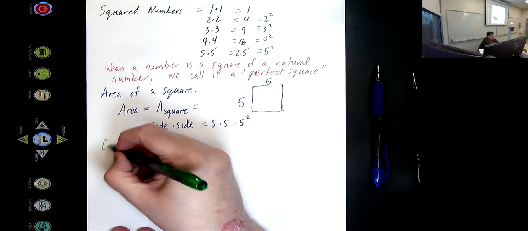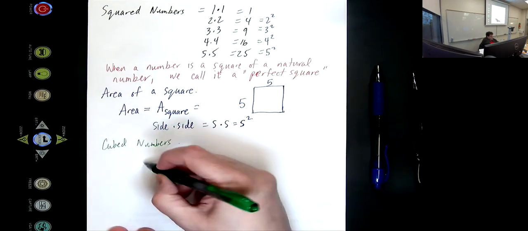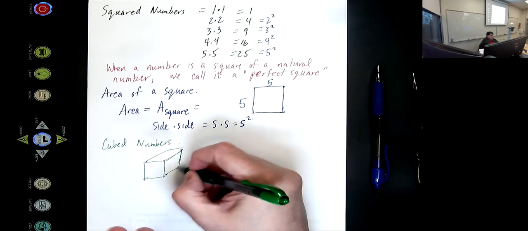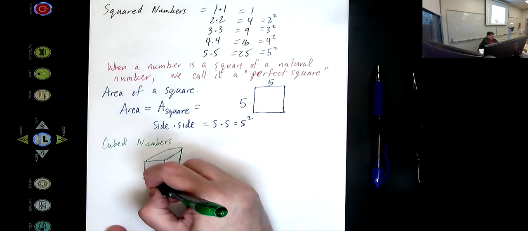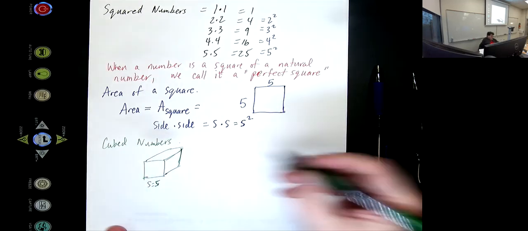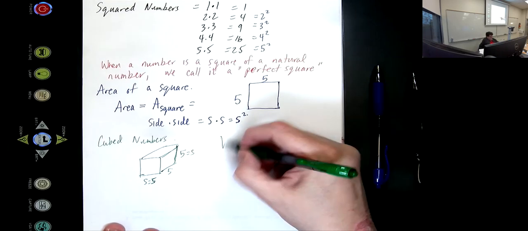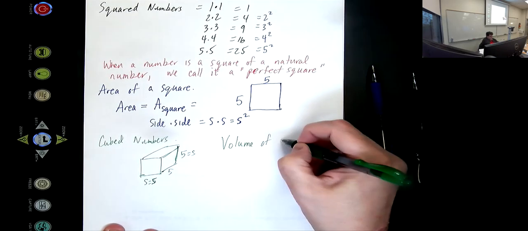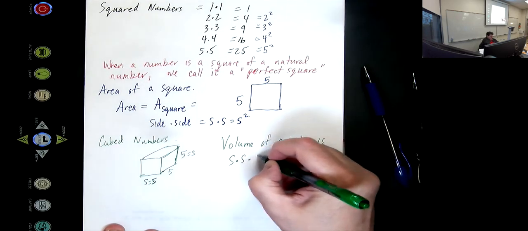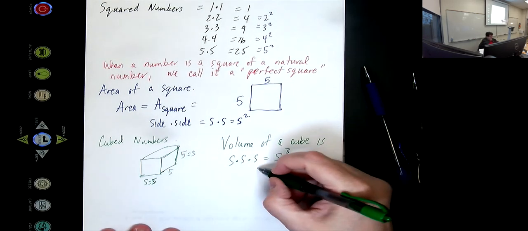Cube numbers come from the volume of a cube. If I had S equals 5 here, and S equals 5 here, and 5 there, the volume of a cube is S times S times S, or S to the third power, or S cubed.